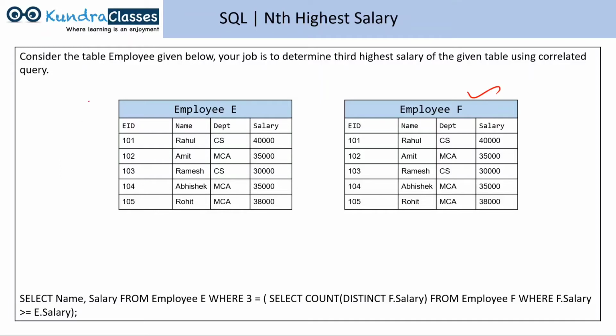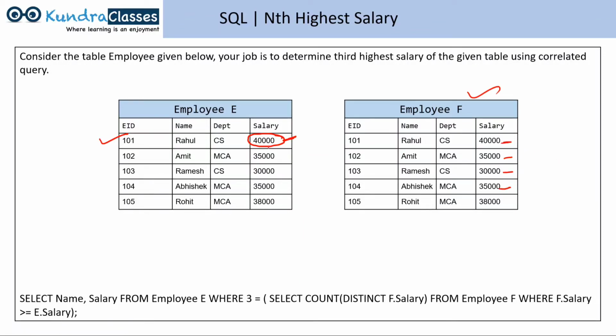So how does a correlated query work? First of all, the first row of employee table E will get selected. And you will compare: is F.salary greater than E.salary? What is E.salary? This is E.salary. Now you have to compare this salary with all the tuples.